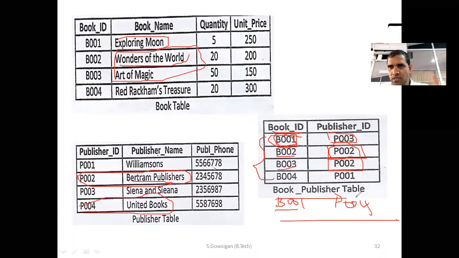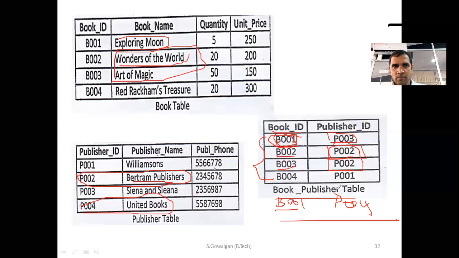What is the solution? Have you understood? Composite primary key. Yes, in the book publisher table, you have to find the composite primary key.